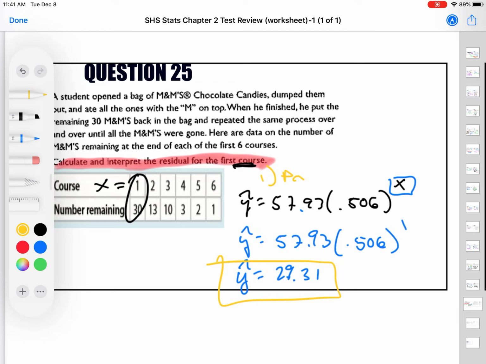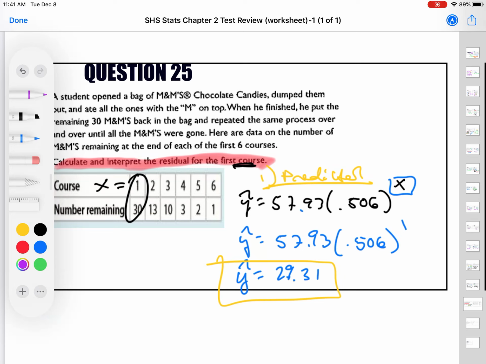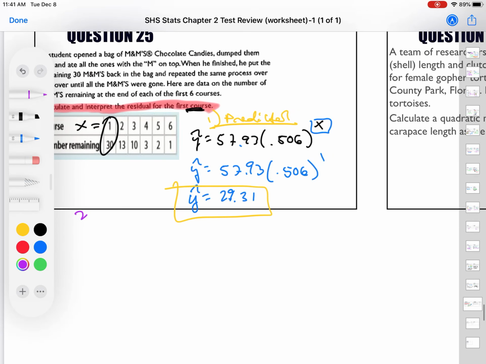So again, this is my predicted. And then the residual is actual minus the predicted. So the actual is 30, and the predicted is 29.31. If you subtract those, you get approximately 0.687.